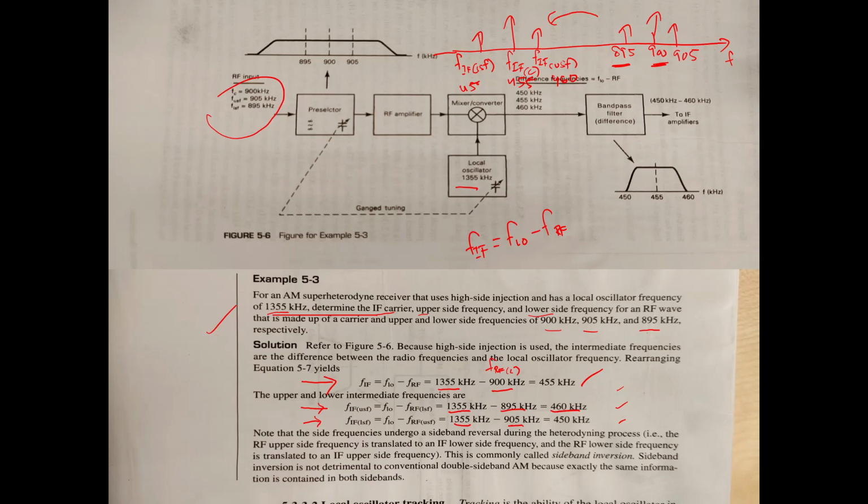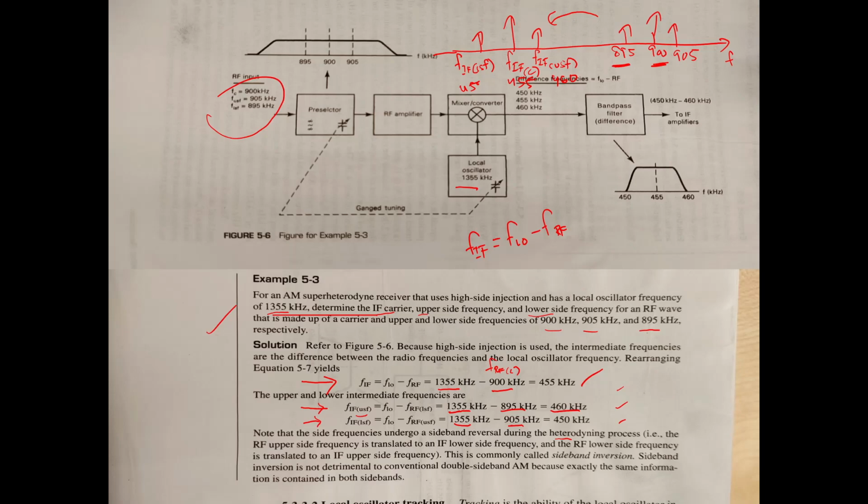Okay. So note that the side frequency undergoes sideband reversal during the heterodyning process. We have already seen this process before. Reversal means that in order to find the lower frequency, we need to subtract with the upper frequency of RF.